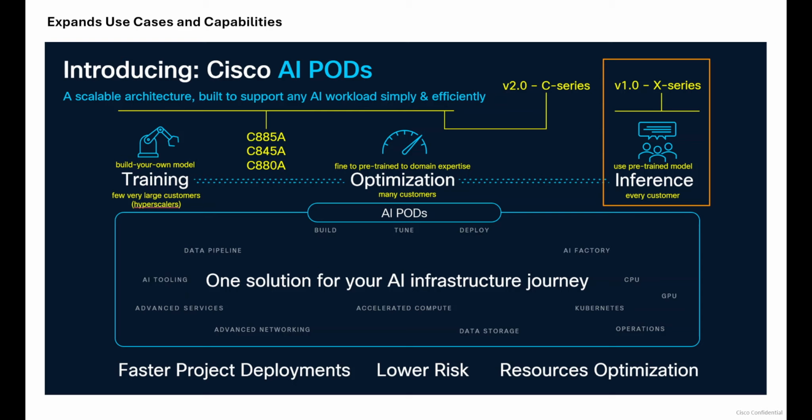Okay, so we said on the summary slide that AI Pods expand use cases and capabilities. So what do we mean here? And in order to explain that, I need to add a bit of context. So to preface this somewhat, this discussion assumes that you come today already knowing what training, optimization, and inference refer to from an AI perspective.